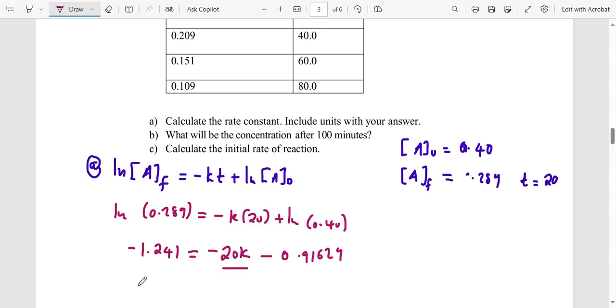I'm going to take 20k to the other side and it becomes positive, and I take this number to the other side, so it becomes positive.